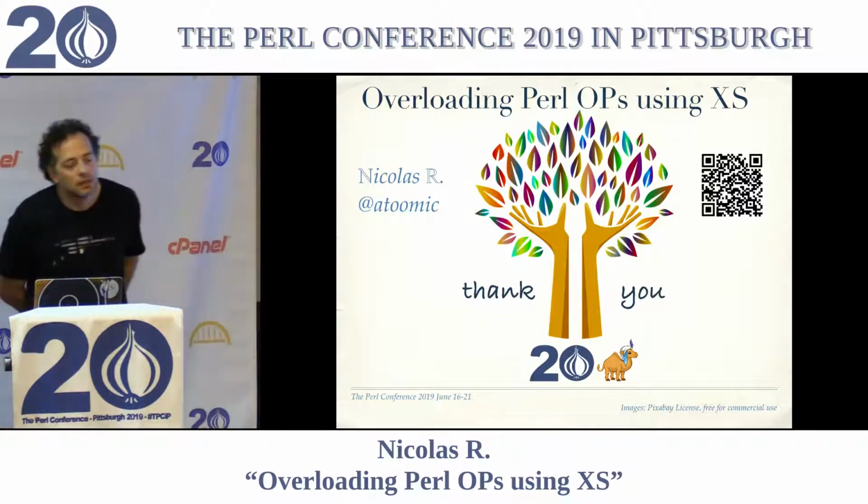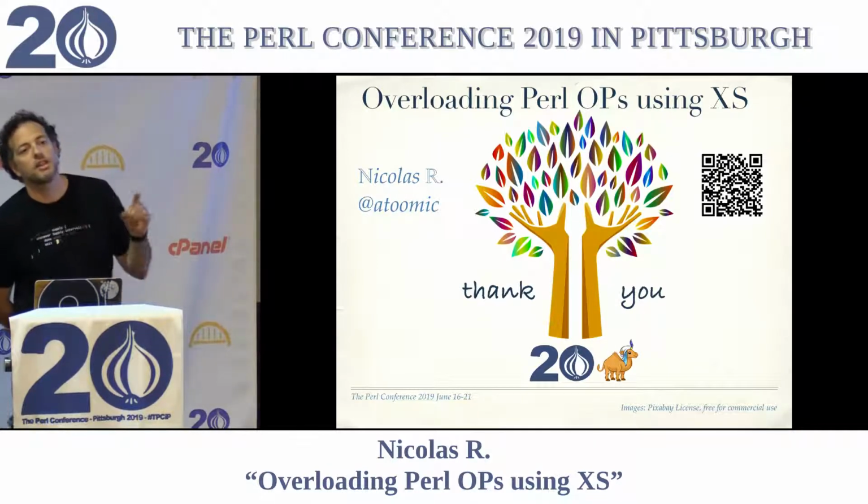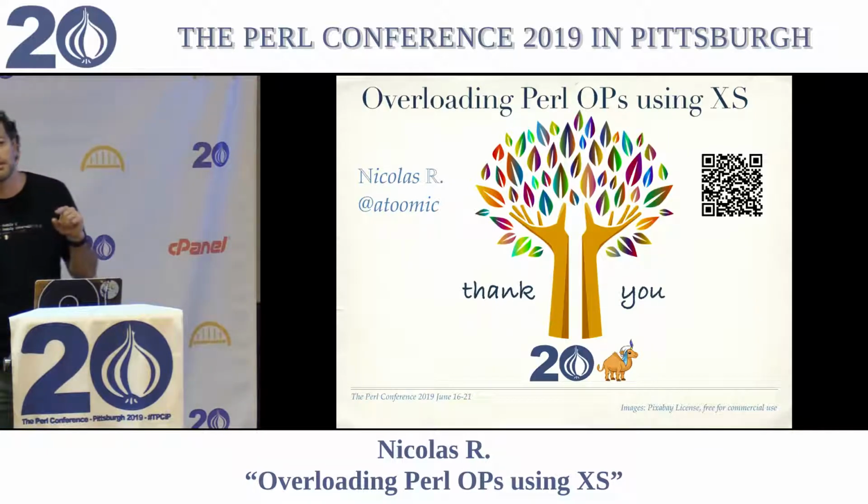Are stacked file tests the same ops as individual file ops? So -e -f filename, is that the same as -e filename, -f filename in the op tree? Yeah, because you can now stack.